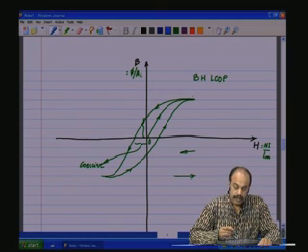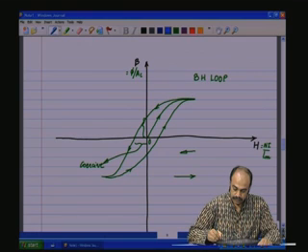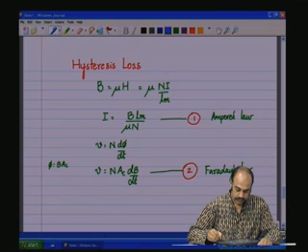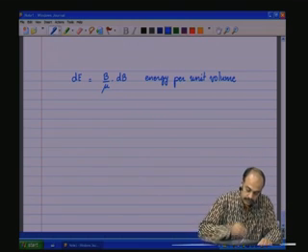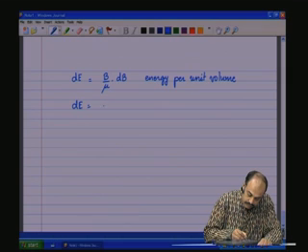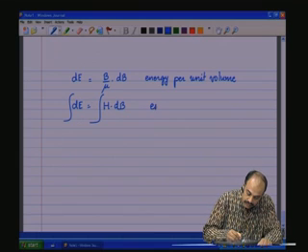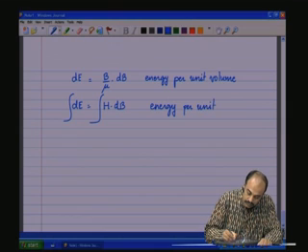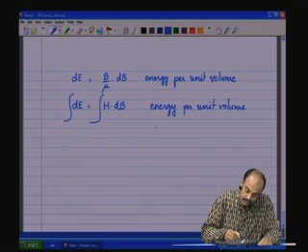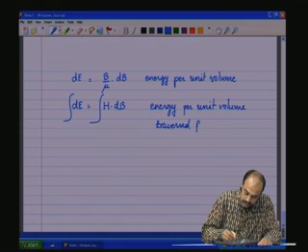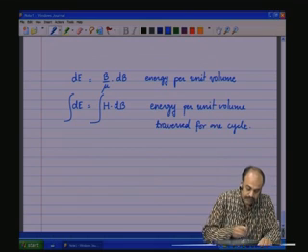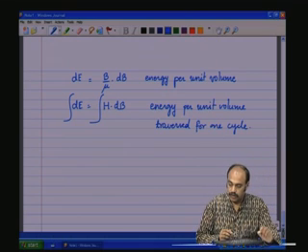We see here that the energy E is nothing but H dot dB, or the integral of dE will give you the integral of this, which is the energy per unit volume traversed for one whole cycle.